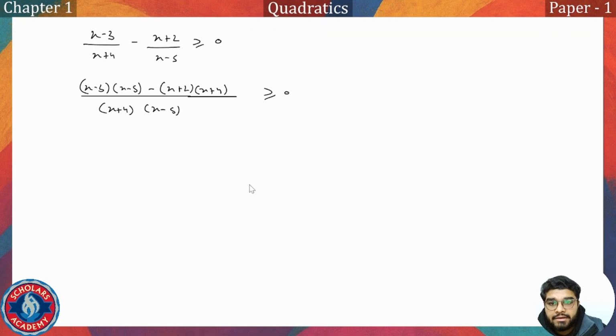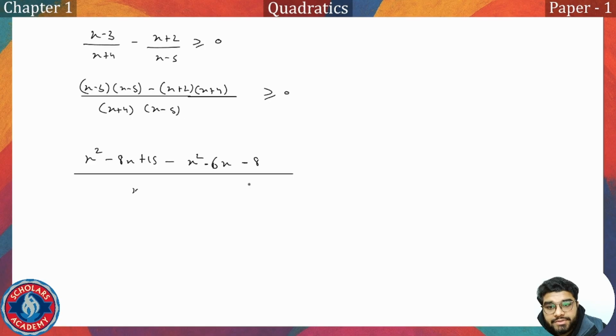Now if we simplify it, we get x square minus 8x plus 15 minus x square and negative of 6x negative 8.